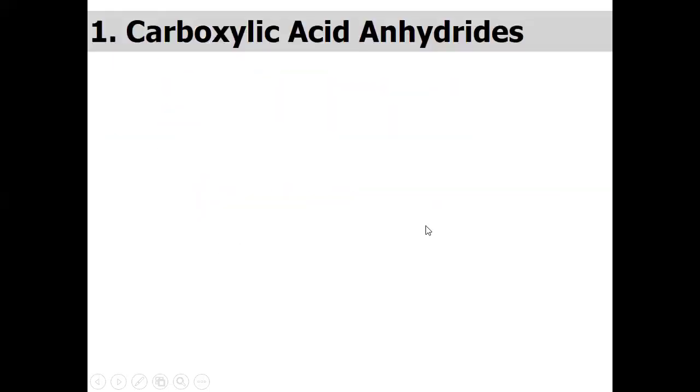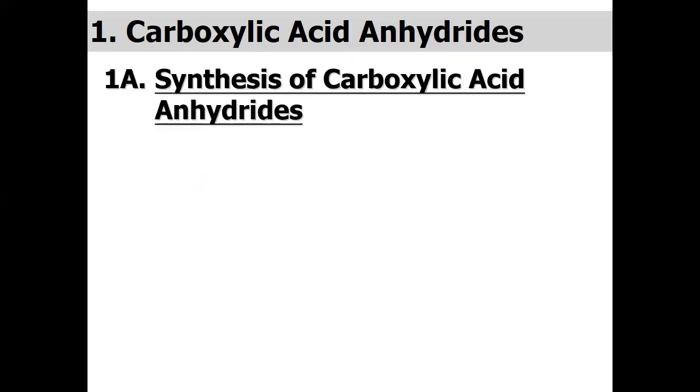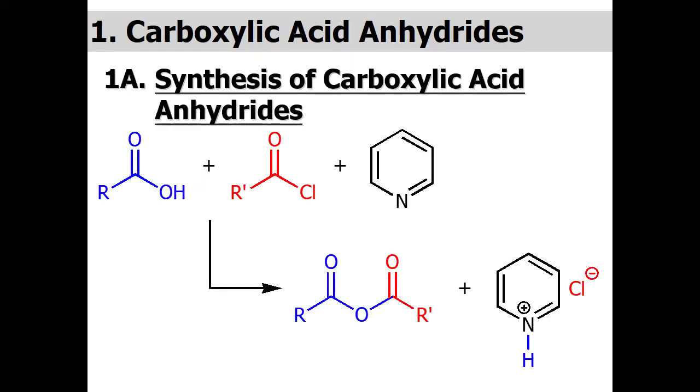So let's move on. First, I'm going to discuss how carboxylic acid anhydride could be synthesized, right? The first method, which is a very common and very easy method, is when carboxylic acid is reacted with acetyl chloride in the presence of pyridine. Pyridine is a solvent as well as a strong base.